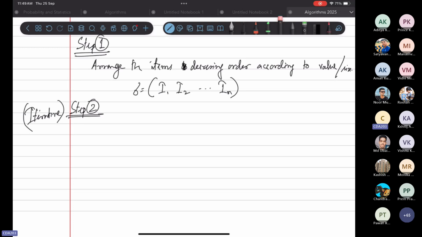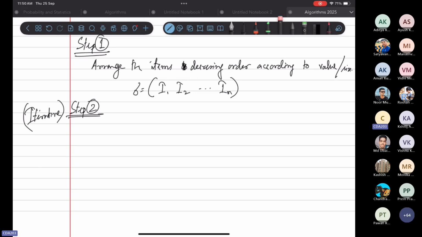I'll do it for each of these items. In general, at some point I'm deciding whether to take the ith item completely, or some fraction I can take of the ith item.